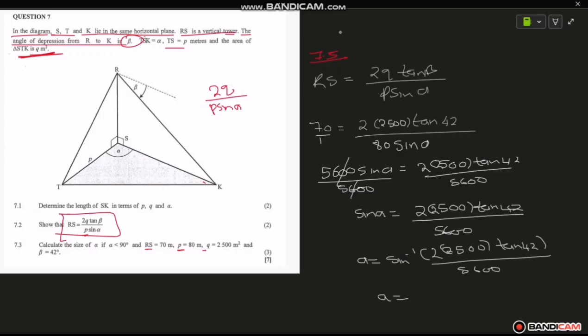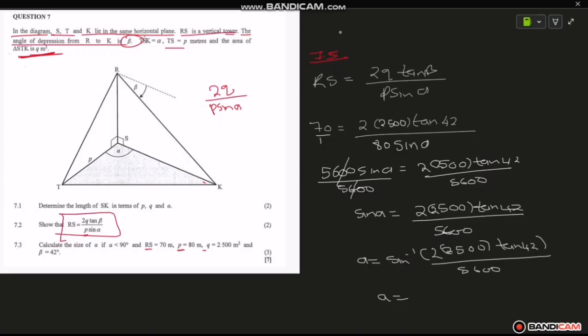Actually, this arc sine, the bracket covers the entire fraction. Therefore, I'm going to put the bigger bracket, not just on the numerator, but covering the numerator and the denominator.